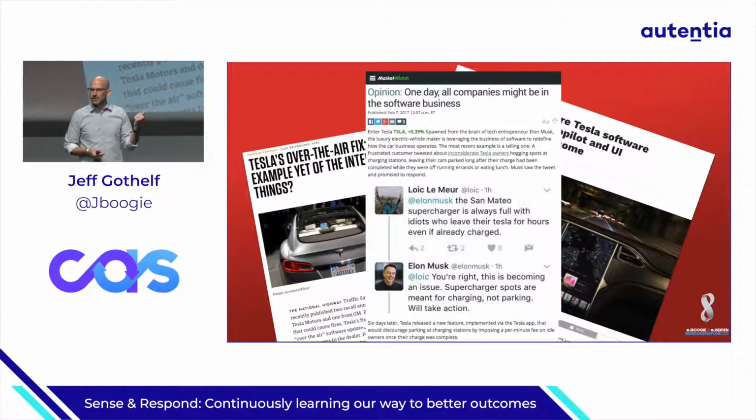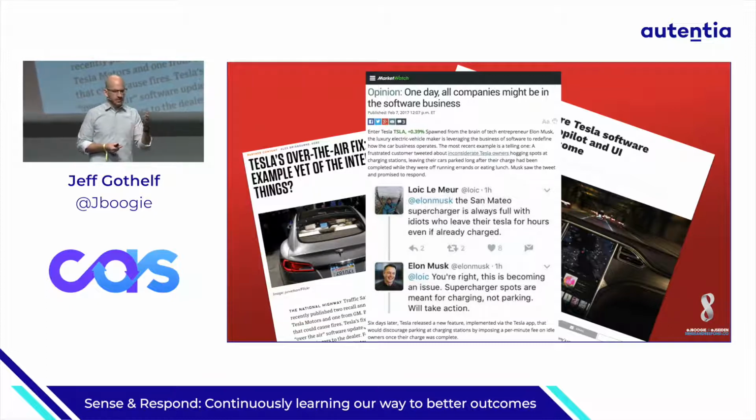Elon Musk is the CEO of the company, as you know. He's sensing, he's paying attention. An hour later he tweets back and he says, you're right. It's a problem. I'm on it. 6 days later, Tesla changes the system. Every minute that your car stays connected to a charger after it's full costs you money.